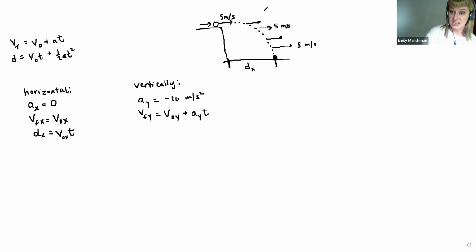For this particular situation, this object, when it leaves the table, it has no initial velocity in the y direction. It's moving completely horizontally. So actually, this would simplify a little bit, and I wouldn't have this term, this initial velocity in the y, for this situation.